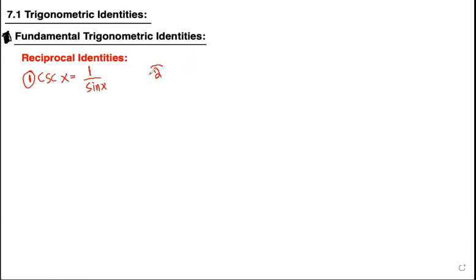Number two, the secant of x is the same as 1 over cosine. Third one, cotangent of x is the same as 1 over tan of x, or I can say the reciprocal for tan is the cosine of x over sine of x.